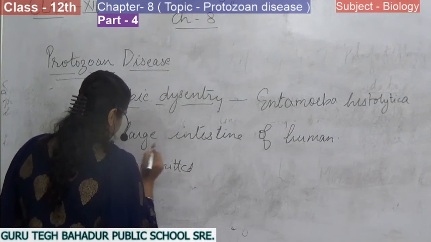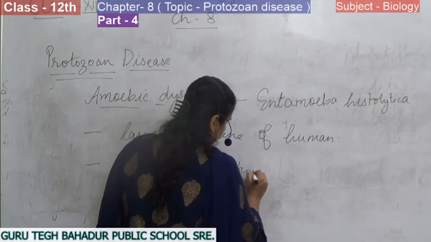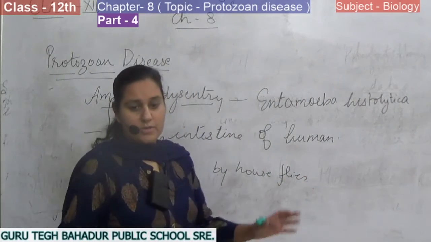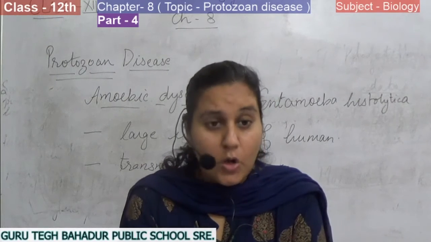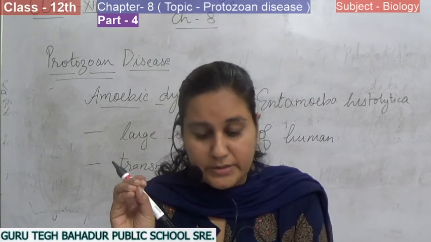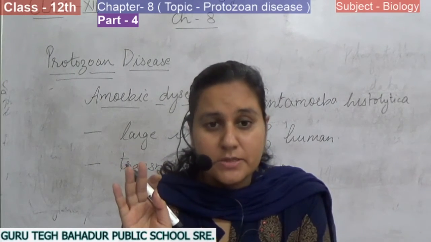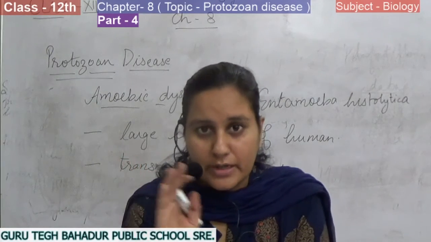This is because of house flies that feed on fecal matter and cause this disease. House flies are called mechanical carriers, because they transmit the parasites from the feces of the infected person to the food. As you know, houseflies sit on everything.